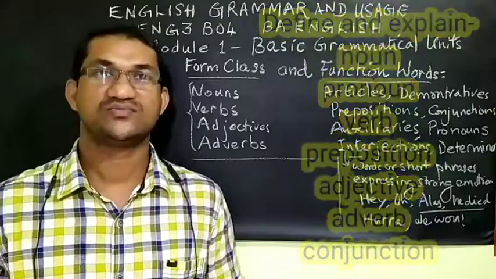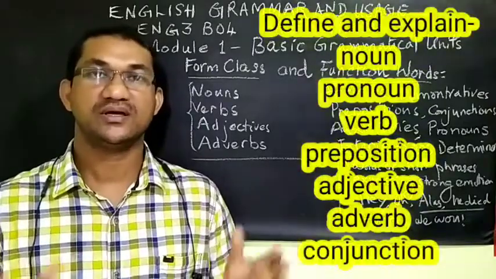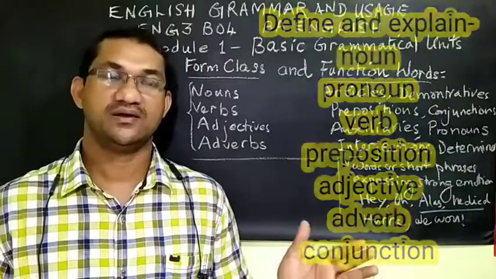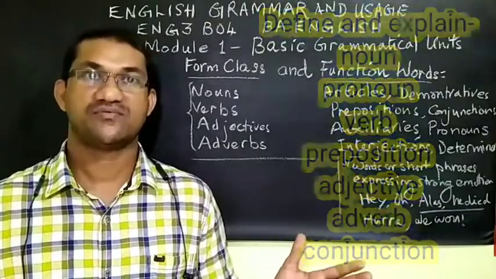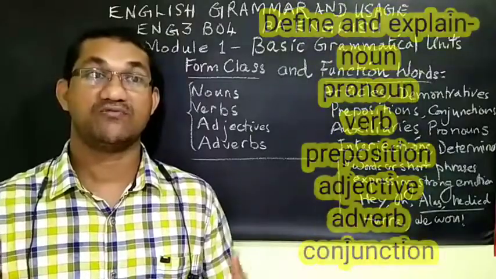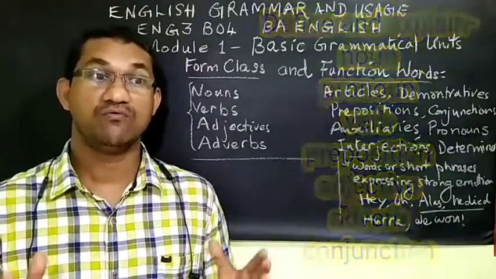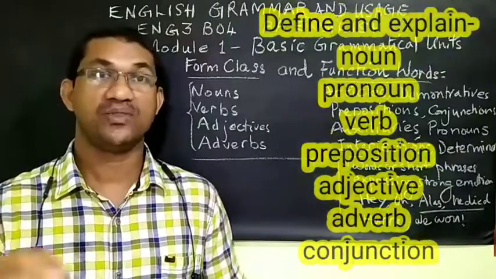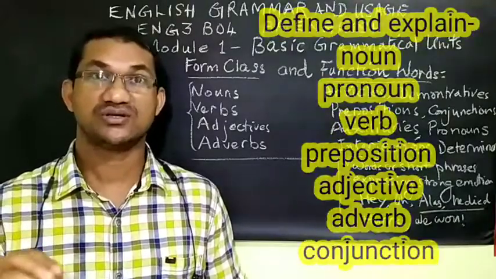And now with this we come to the end of the lecture. In this lecture we studied different terms from grammar. We studied form class words and function words. We know what we mean by form, function and meaning.